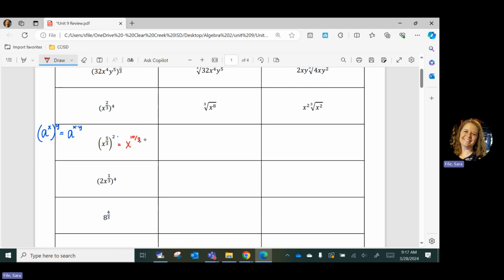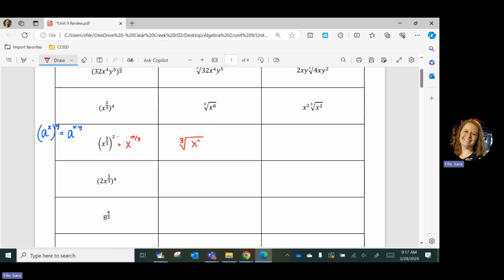So now the 3, the denominator, is the index of my radical, and the 10 stays as a power. I can write it outside, or on the inside. Since I want to reduce this and it's a variable instead of a number, I'm going to put it on the inside.